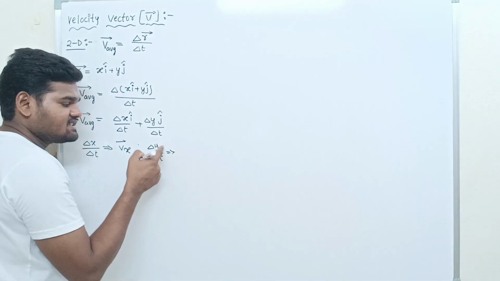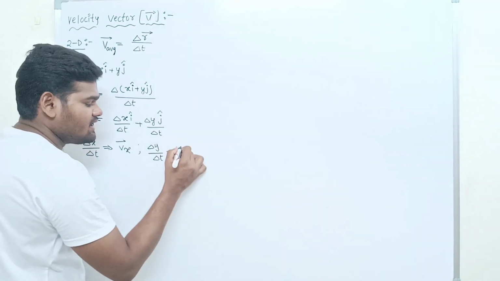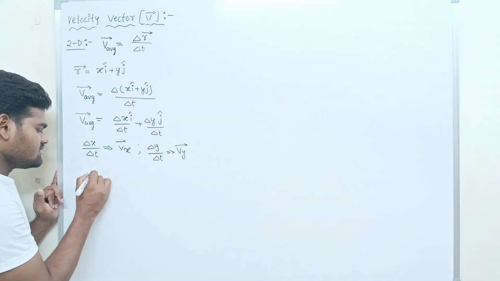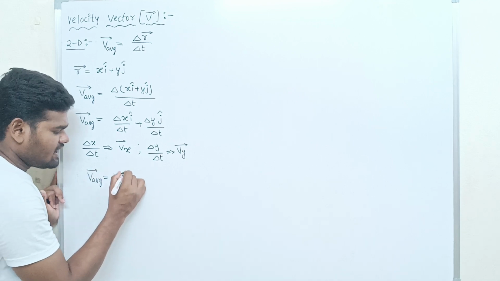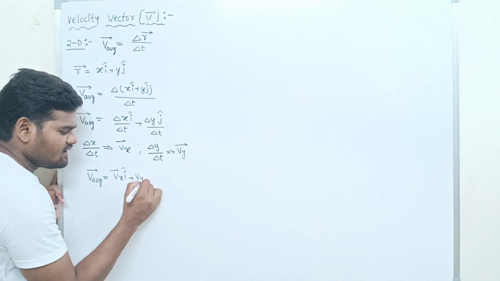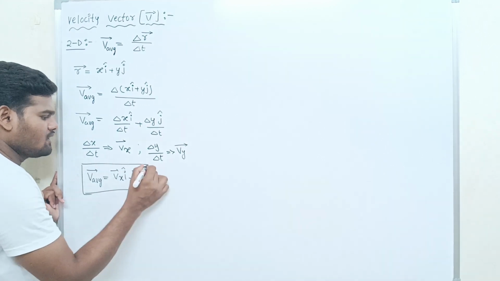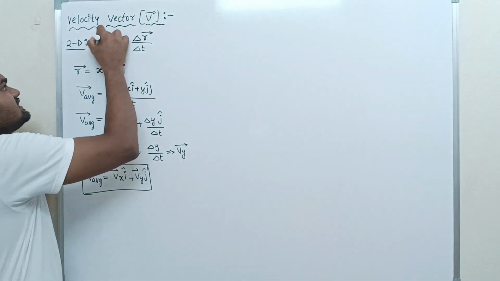The rate of change in the position of the particle in the y direction, given by Vy. Just substitute here. Then average velocity is equal to Vx i cap plus Vy j cap. Are you getting any doubt?